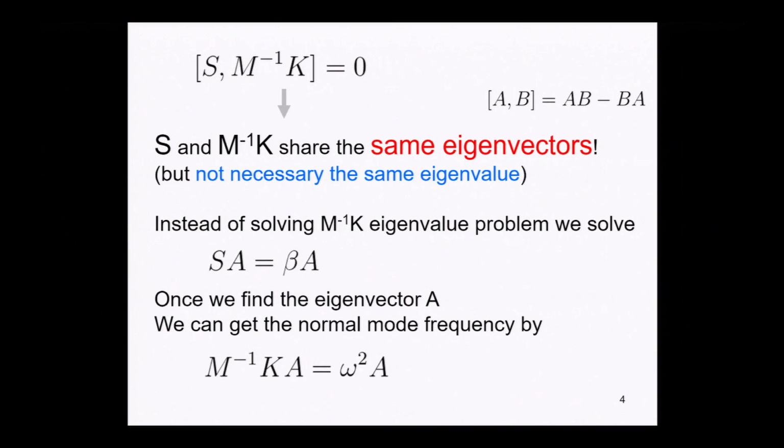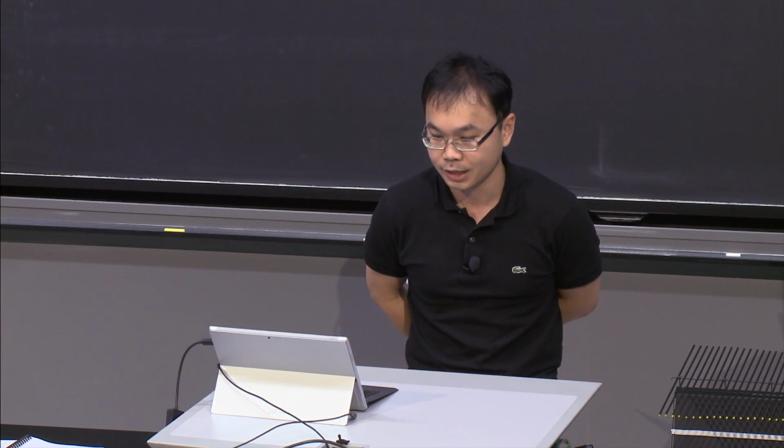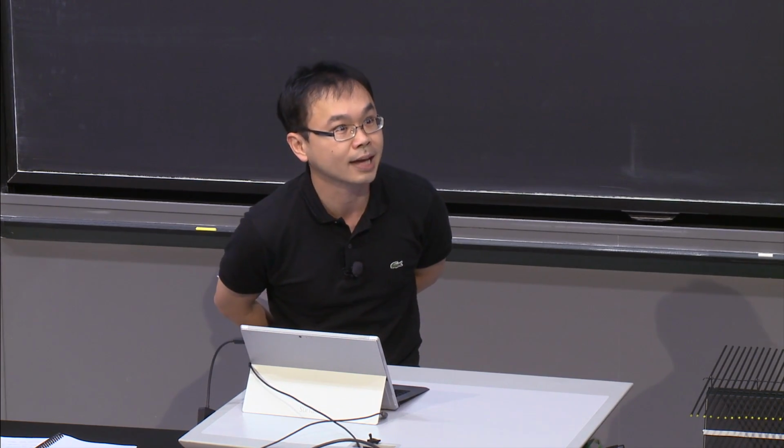If you can swap them, that means they commute, and our conclusion from last time is that they will share the same eigenvectors. Of course, not necessarily the same eigenvalue, but they share the same eigenvector.